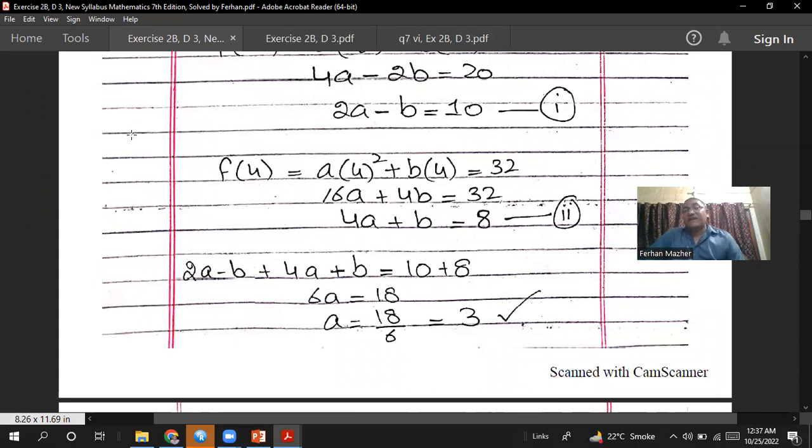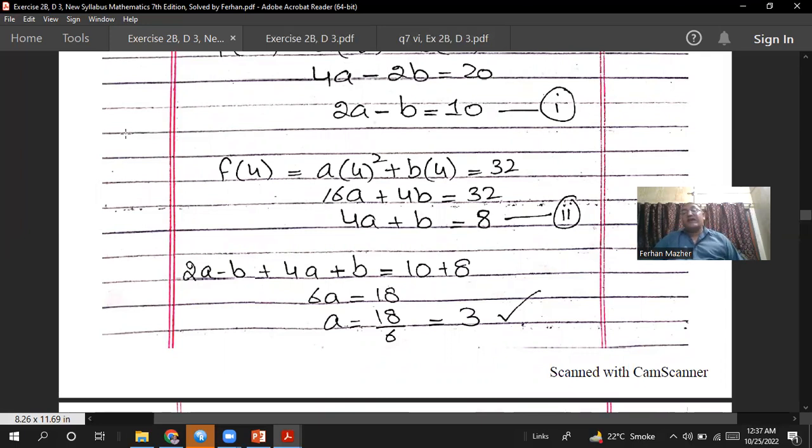The left side will be added to the left side, the right side to the right side. So you will have 2a minus b plus 4a plus b equals 10 plus 8. So that will be 6a equals 18. So a will be equal to 18 by 6, and that will be 3. So the a value is known to us now, that is 3.